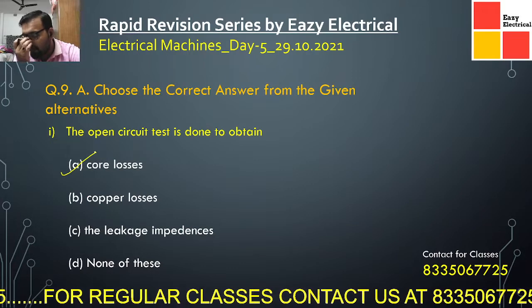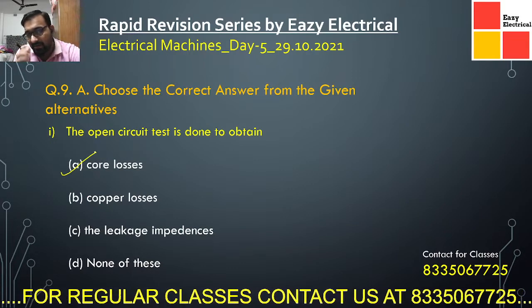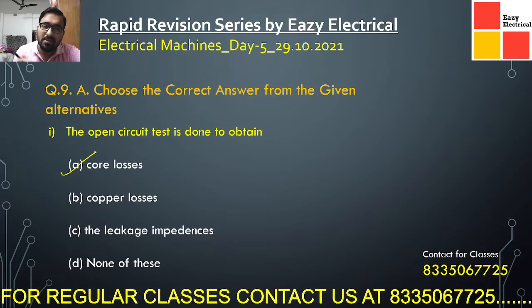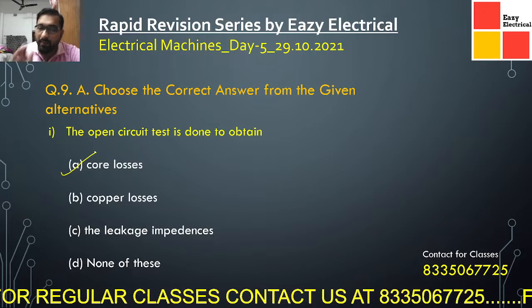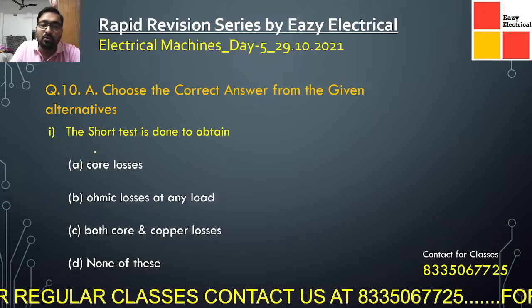But this primary winding copper loss is never taken into account, as the current is very minimal and the copper loss component, the I square R component, is also very small. So we do not take it into account. The main purpose of the open circuit test is to determine the core loss.